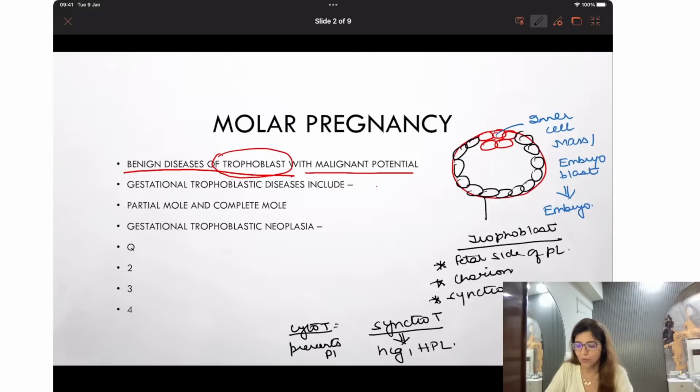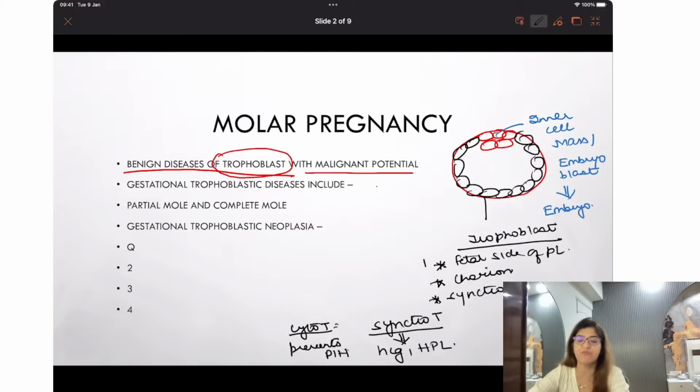So quickly let me tell you what I have told all those students who've joined now. I have just read the first line that molar pregnancy is a disease of trophoblast and it has malignant potential. So what is trophoblast? In the blastocyst there are cells which attach on one side, called the inner cell mass, also called embryoblast, which forms the entire embryo. The black cells in the periphery which I have drawn are the trophoblast.